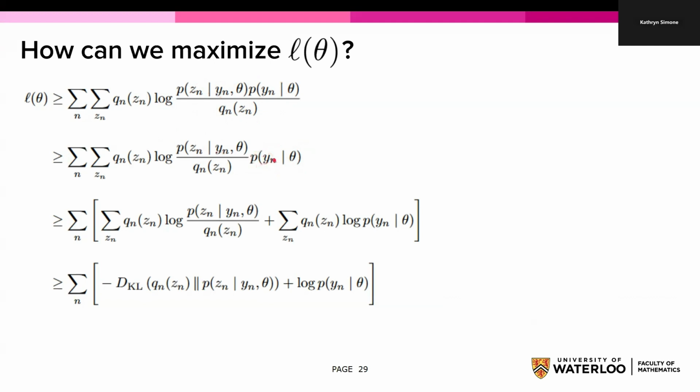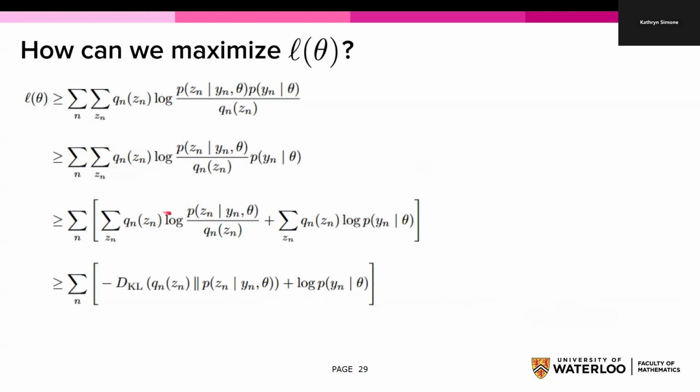Now we've got a log of a product, so this is one term and that's the second term, and we can turn that into a sum of logs. The first term is actually the Kullback-Leibler divergence between the auxiliary distribution q and the posterior distribution of the latent variables.